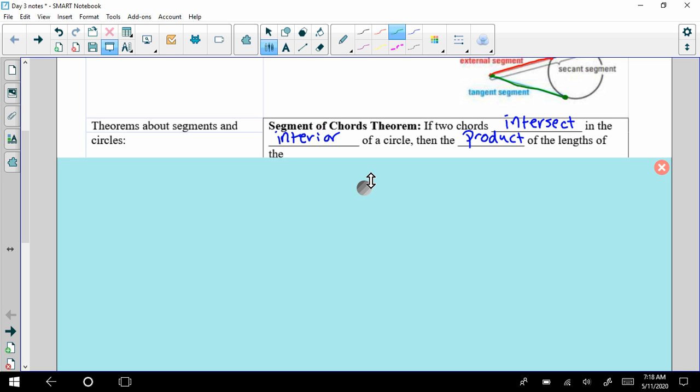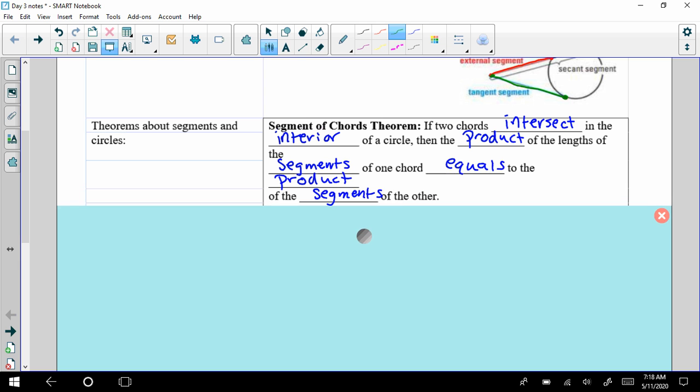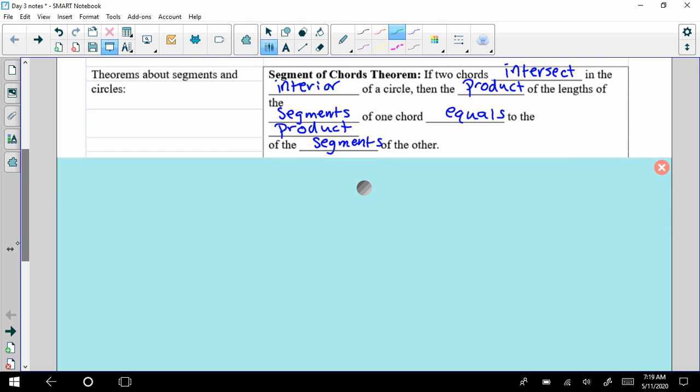So the segments of chords theorem is if you have 2 chords that intersect in the interior of a circle, then the product of the lengths of the segments of one chord equals the product of the segments of the other. So that's a mouthful.